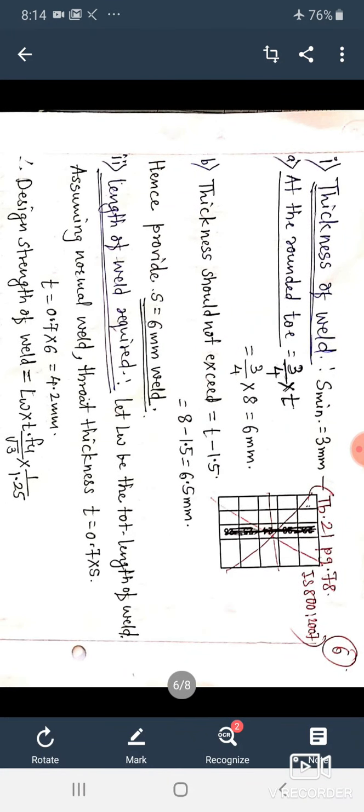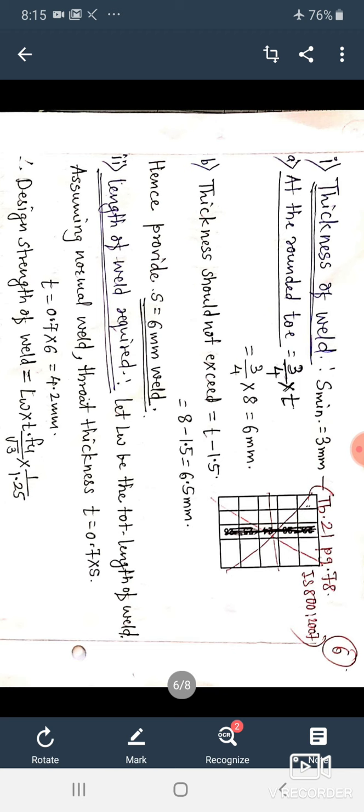So the first step to find the strength of weld is the thickness of weld. S minimum is 3 mm, as the thickness is in the range of 0 to 10 mm. So for that S minimum is 3 mm. Table number 21, page number 78 from IS 800 2007. Then the S max, that is the maximum size of the weld. We have the clauses, that is 3/4 of T and T minus 1.5.